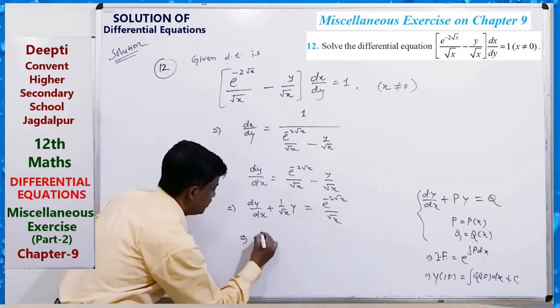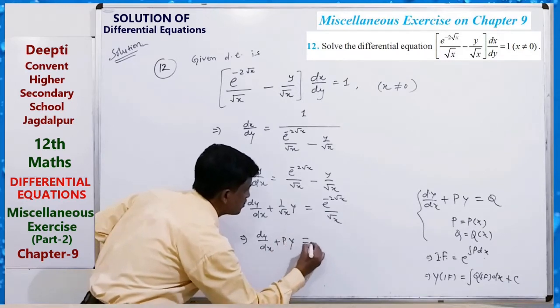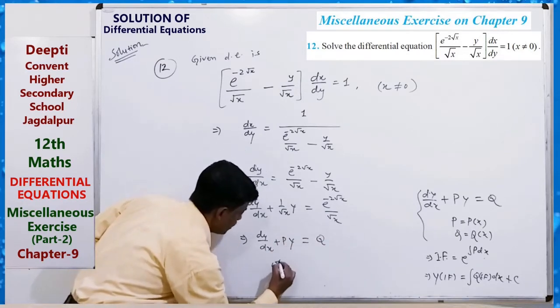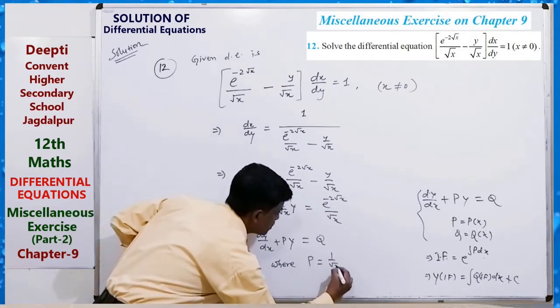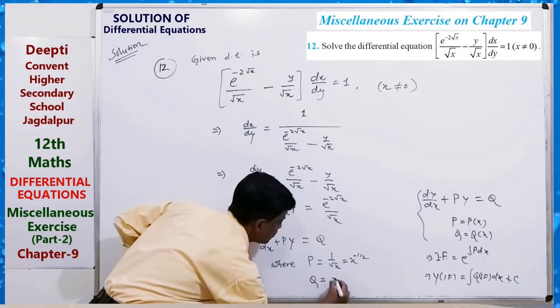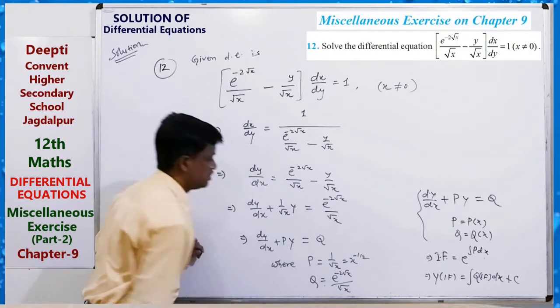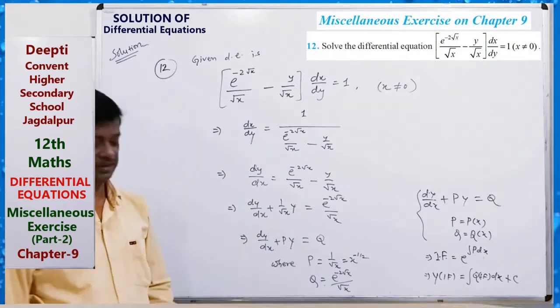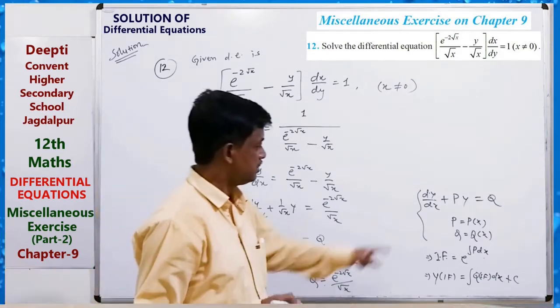This is dy upon dx plus p y equals q, where p equals 1 by root x, that is x to the power minus 1 by 2, and q equals e to the power minus 2 root x upon root x. It can be solved by this method.